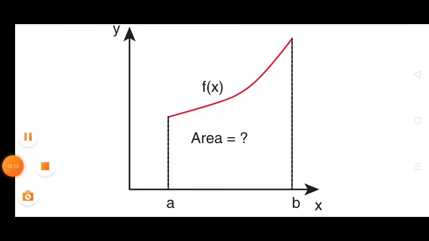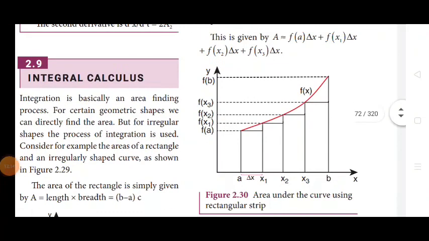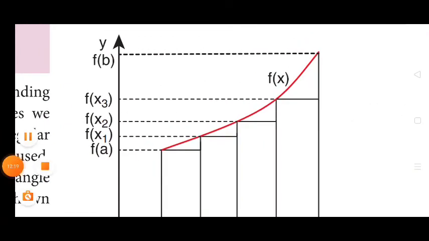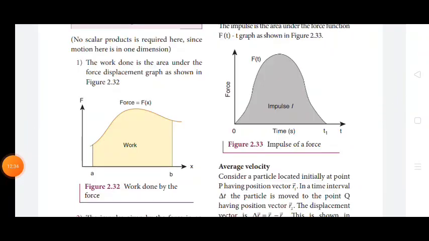See that A is equal to summation of n equals 1 to n, f of xn delta xn. So as n, the number of steps, goes to infinity, we have to follow A is equal to integration a to b f of x dx. So in the diagram 2.32, 2.33 இதனுடைய ஏரியாவை நம்ம கண்டுபிடிக்கணும். ஸோ அதை நம்ம இன்டெக்ரல் கால்குலஸ் யூஸ் பண்ணி தான் கண்டுபிடிக்க முடியும்.